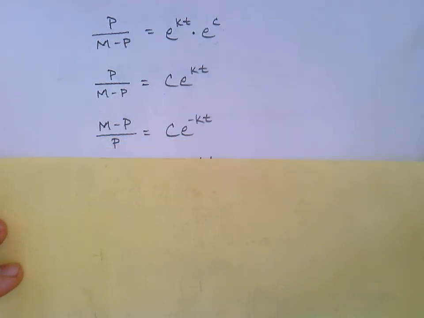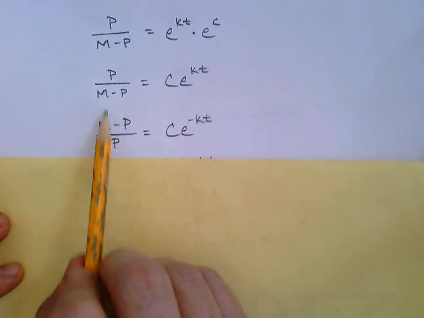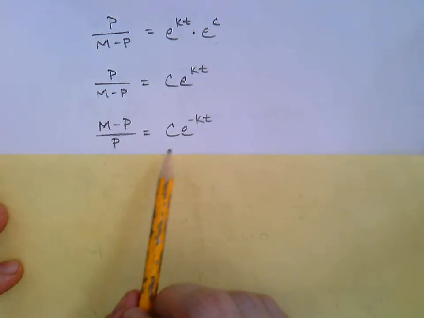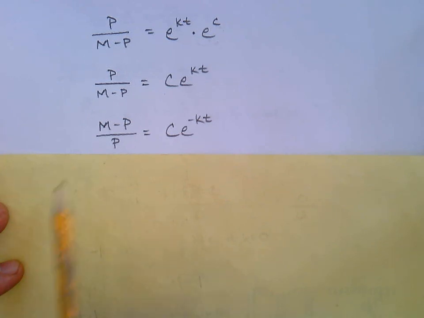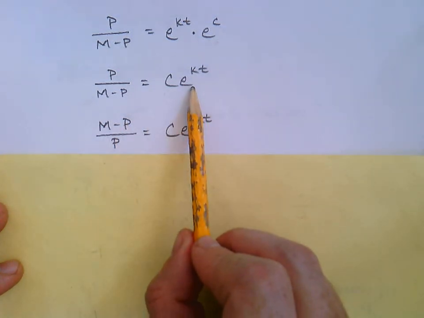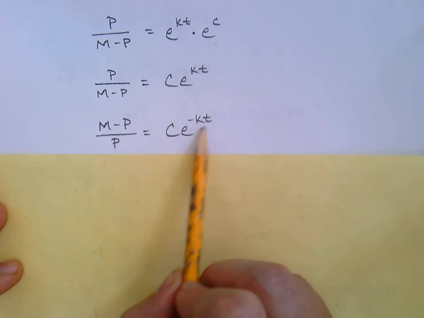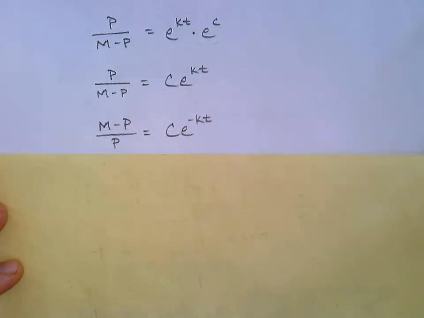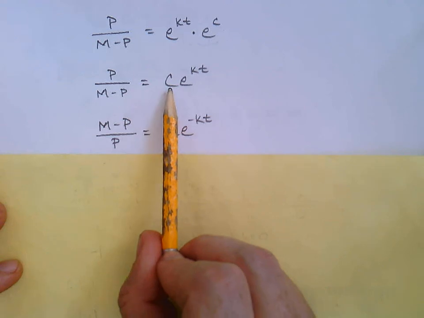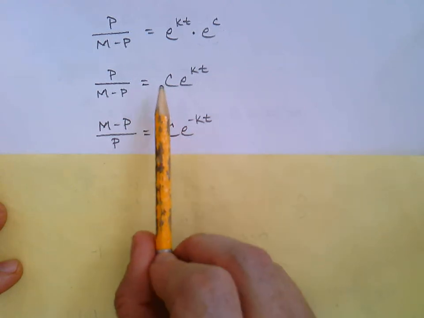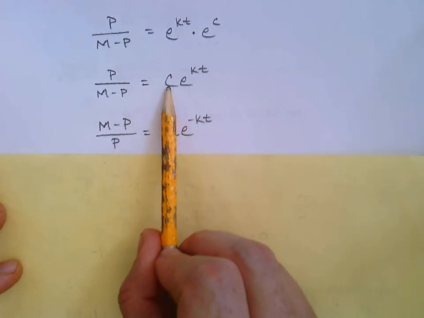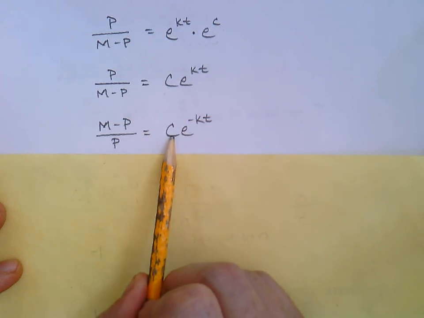So we're going to take the reciprocal of the left side, which means we need the reciprocal of the right side. Let's talk about the reciprocal of the e portion. We can just throw a negative on the kt, and that's the reciprocal. And notice the c remains. Why is that? Because the reciprocal of a constant is just another constant.